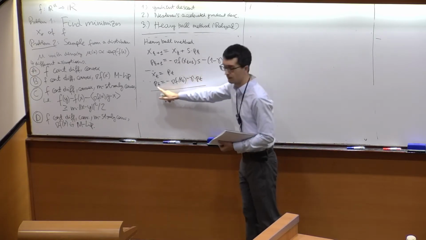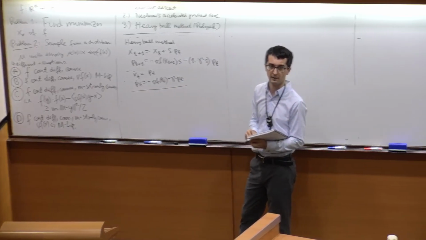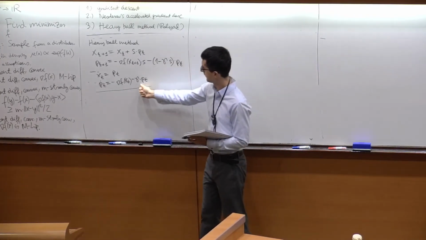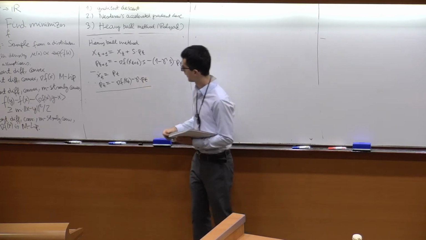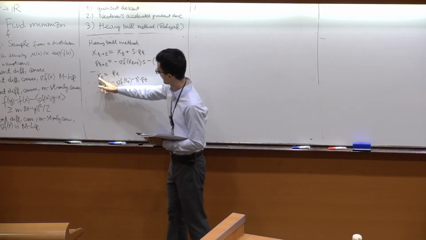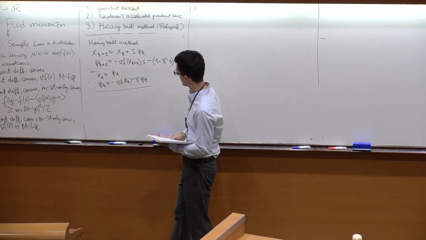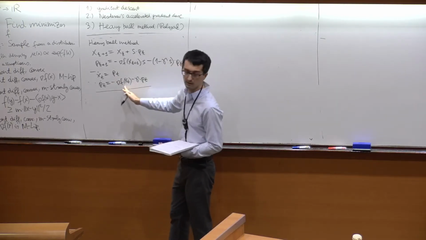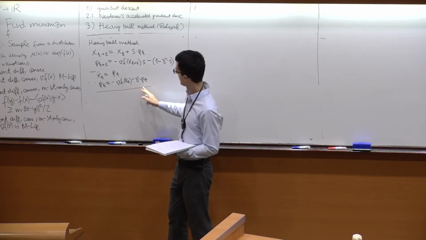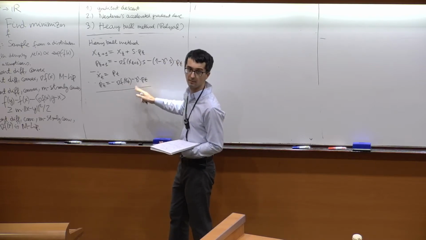So p_t is decreasing by friction, and x_t is moving according to p_t. So it's similar to the Hamiltonian dynamics, but you have this additional friction term here.